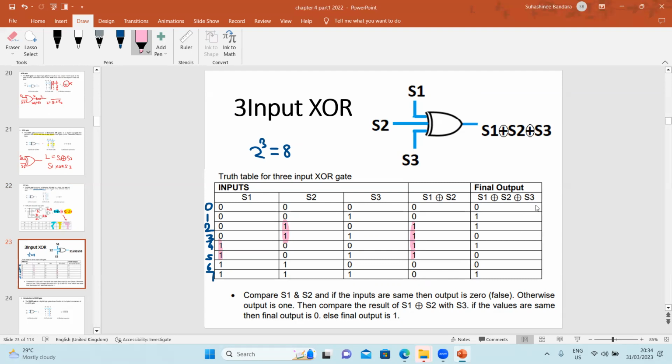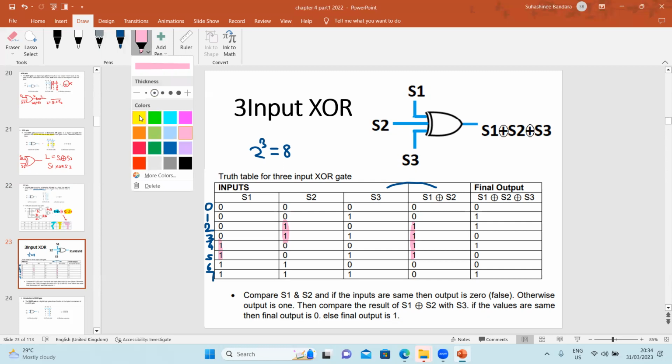Then what is S3? S3 is going to join with S1 XOR S2. That means considering this and this, S1 XOR S2, now we have the value. Then that is joined with S3. So it is S1 XOR S2, XOR S3. Shall we check where if and only one input is true?